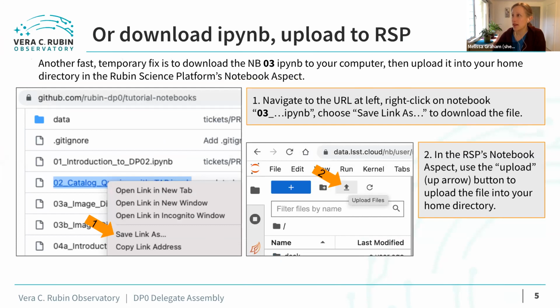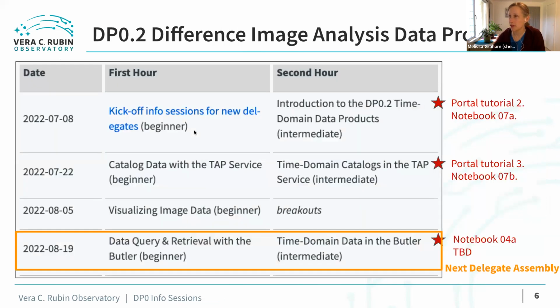You can navigate to github.com/Rubin-DP0. I'm putting this in the chat. Go to the tutorial notebooks repository. I'll just show you actually.